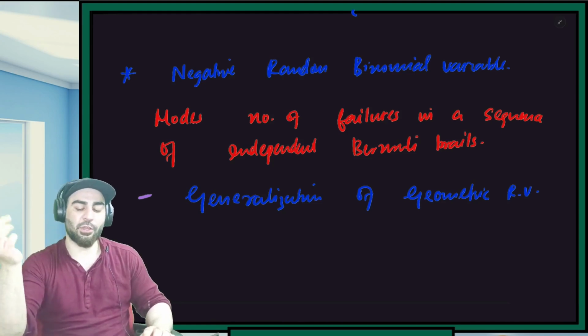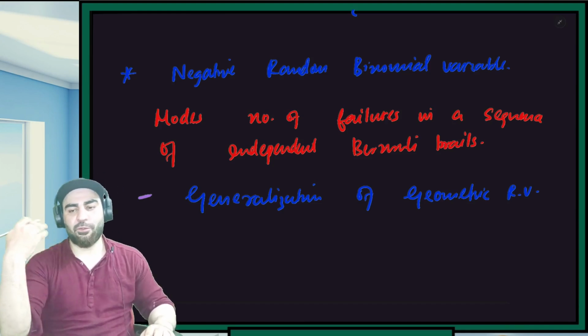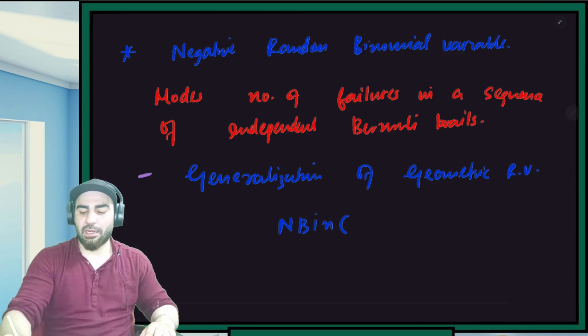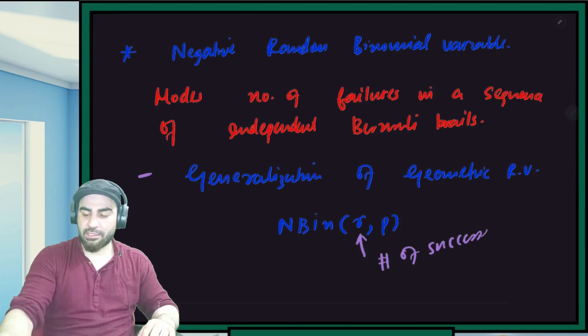Here, for the negative binomial random variable, there will be r and p, these are the two parameters. Here r is the number of successes we want to achieve.